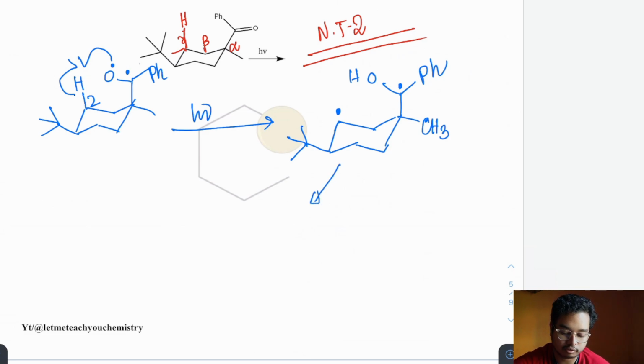Now it has two different possibilities. Whether it will go cyclization or beta bond cleavage. Now if we remember the lectures that I have been teaching, like in lecture 5 I guess, if you don't remember then please go back to that lecture and then come to the question answer series. So in that particular lecture I have discussed that cyclization and beta bond cleavage entirely depend upon the substitution present on the alpha carbon.